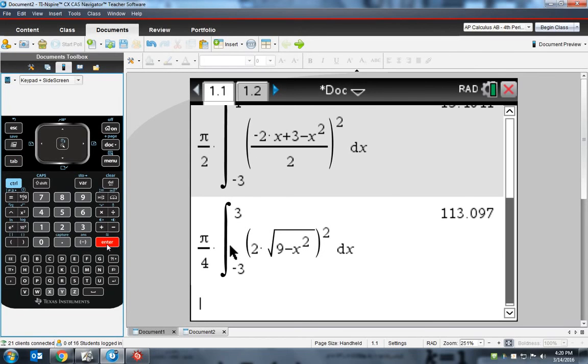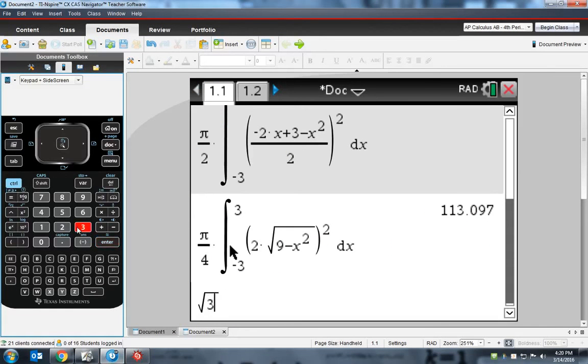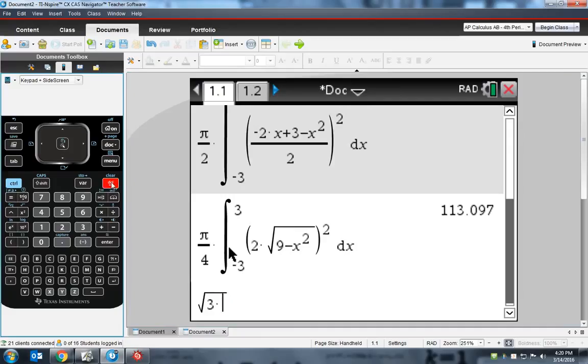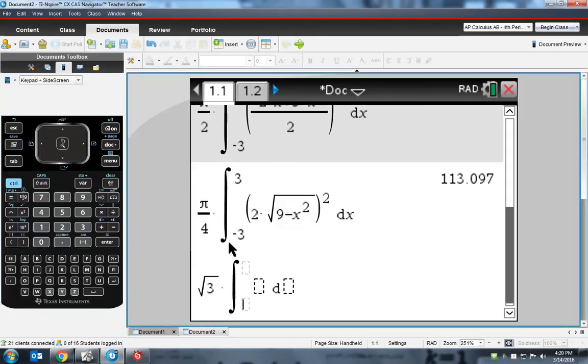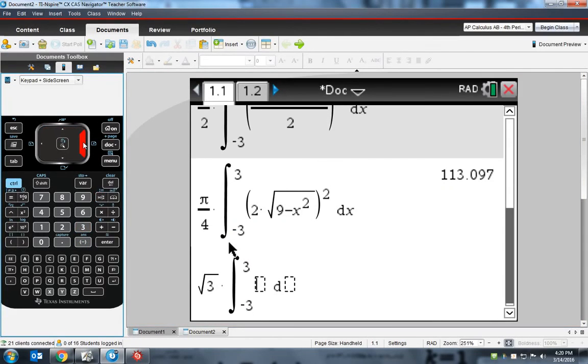Again, if I put the square root of 3 with this other alternative form that we did over here, I should get the same answer. So let me go ahead and do that real quick. The square root of 3 times the definite integral from negative 3 to 3, and then, because I squared that square root, it canceled, and I get 9 minus x squared dx.